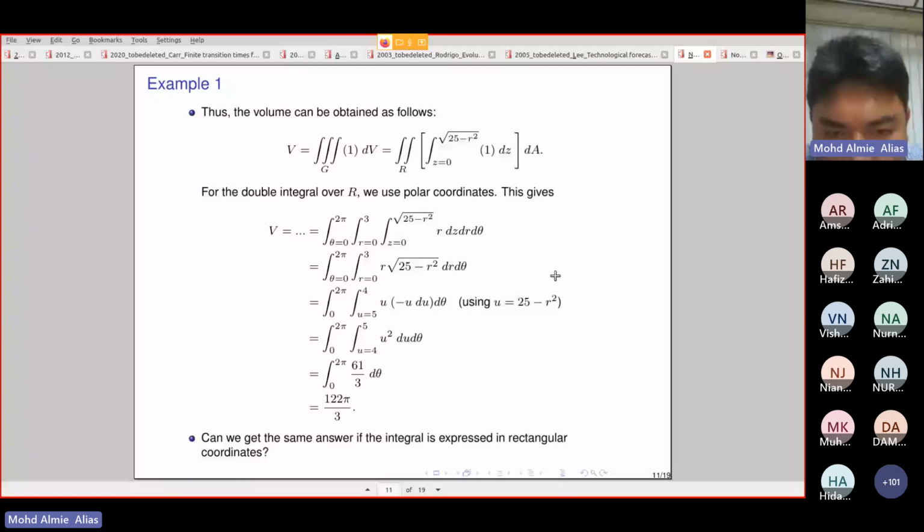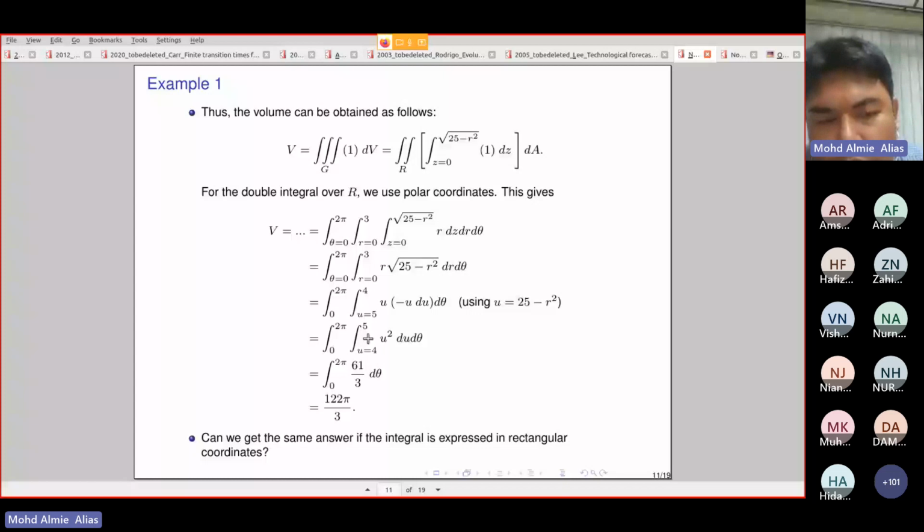So now you take everything inside the square root to be equal to u, and you substitute, and you get r = 0 corresponds to u = 5, and r = 3 corresponds to u = 4. And then your theta, you don't change theta because now you just consider r, not theta. Since the lower limit is greater than the upper limit here, you need to switch their positions.